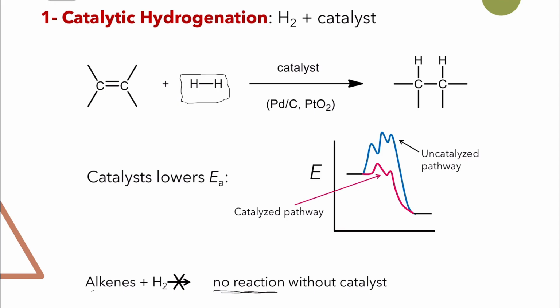The importance of the catalyst is to lower the activation energy for the reaction. When you add a catalyst, much lower activation energy is needed, so the reaction can easily take place to give you the product. If you have no catalyst, the reaction will need very high activation energy and it will not take place.